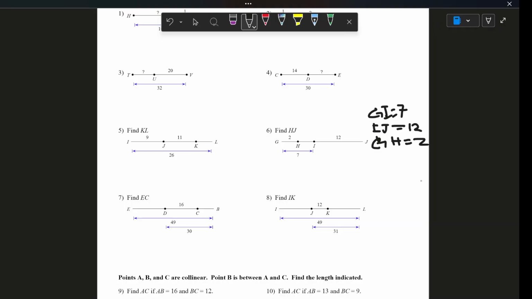Okay, cool. So what's one way we should start on this? Well, if we know GI, and this to be 12, then we can do.